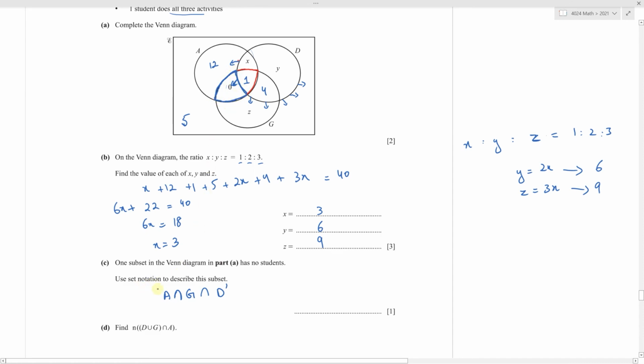So that's how you will write the set notation to describe this area which has no students.